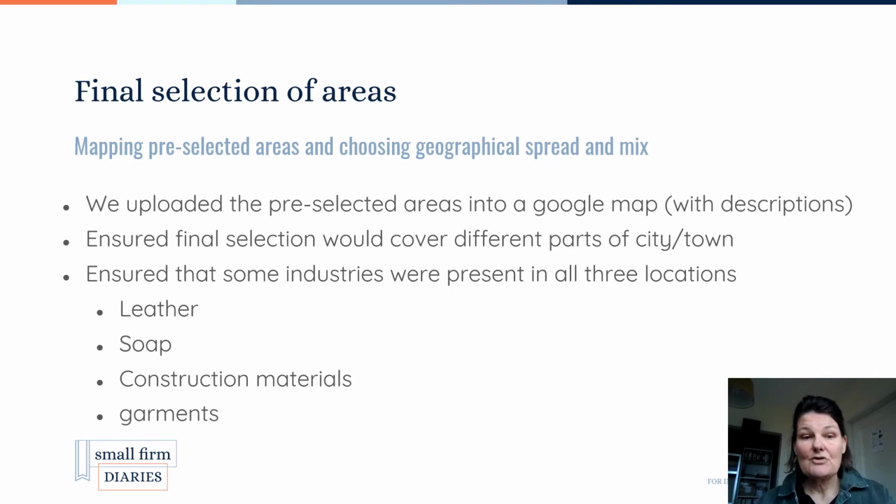one industrial park. And in the locations, so in Dire Dawa, Adama, Bishoftu, and Addis Ababa, we made sure that there were some cases of leather businesses, soap producing businesses, businesses doing construction materials, and garments.